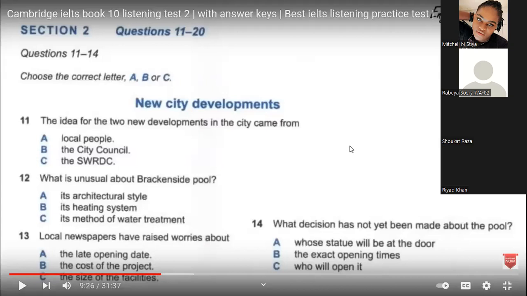You should share your ideas. Whether your answer is right or wrong, it's not the fact, but you should try your best. The cost of project. C, the size of the facilities. Yeah. The right answer is C, the size of the facilities.